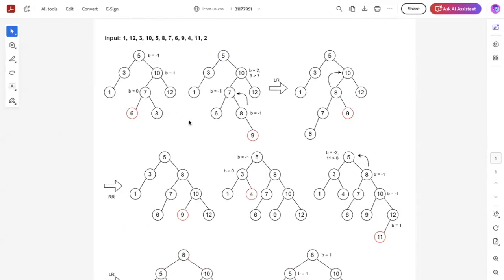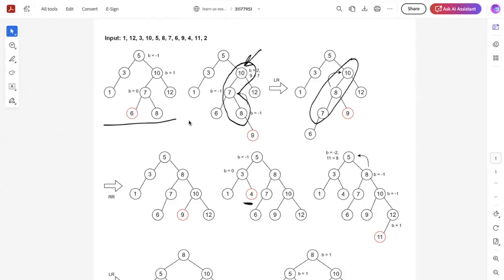Okay, so this is from the previous one, and now 9 is inserted, and we look for the first node that is off balance. So this is the first one, and we look at the three consecutive nodes on the path where the node is inserted. They are not in the same direction. You need to rotate to make them in the same direction, and then do another rotation. Then you can restore the balance, and also the property of the BST.